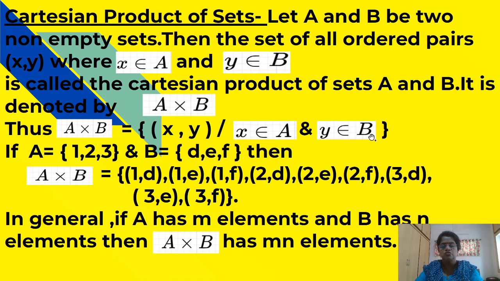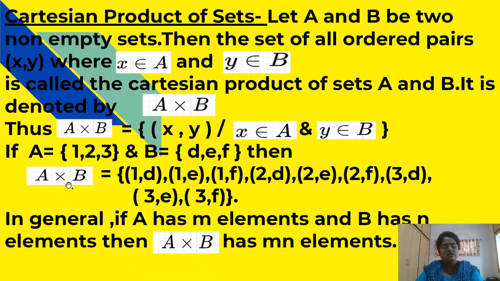y belongs to B. If A is {1, 2, 3} and B is, suppose, {D, E, F}, then A cross B, that is the Cartesian product of the sets A and B, is equal to {1D, 1E, 1F, 2D, 2E, 2F, 3D, 3E, 3F}.